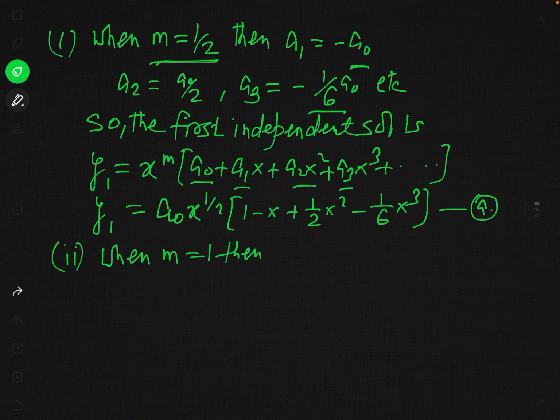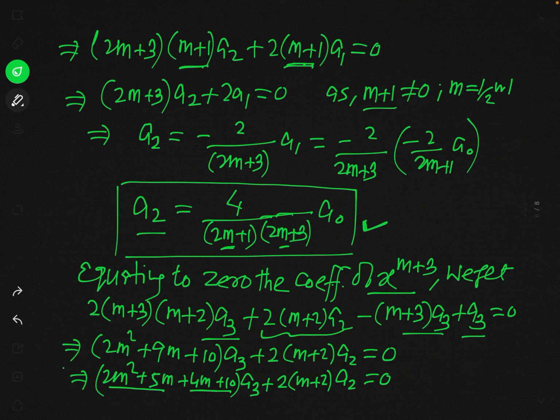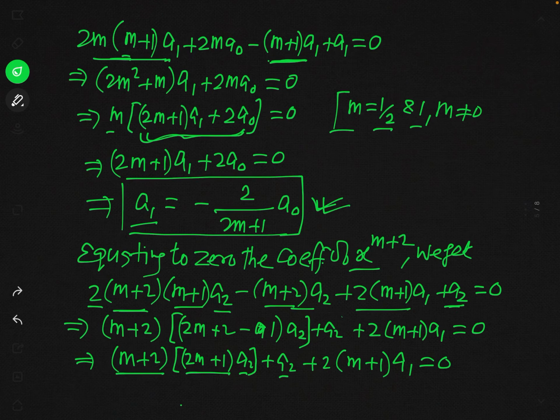When m is 1, again we will find the values of the different coefficients in terms of a naught. Then you can see what will be the value of a1. See this result for a1. You can see here a1 is this much. So when m is 1, in the denominator here will be 2 plus 1, that is 3.